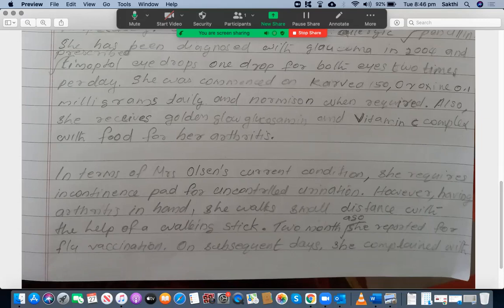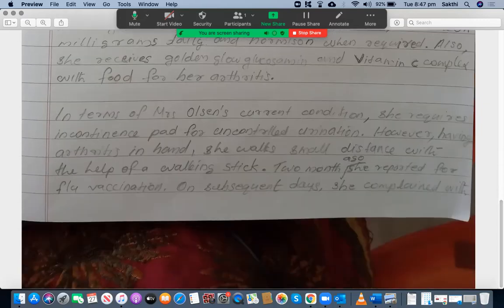The grammar is perfect. In terms of Mrs. Olsen's current condition, she requires an incontinence pad for uncontrolled urination. However, having arthritis in hand, she walks small distances with the help of a walking stick. That's good. However, having arthritis in hand, you could have mentioned "in spite of arthritis in hand."